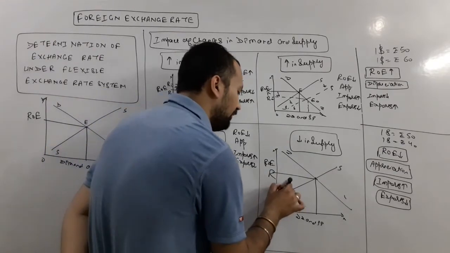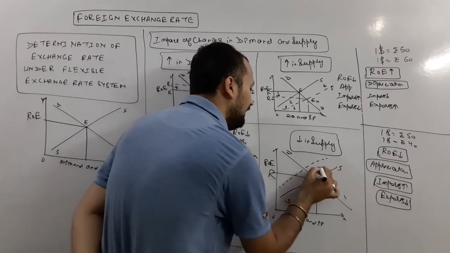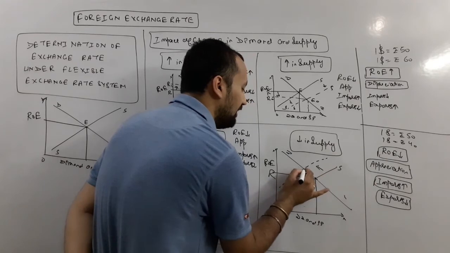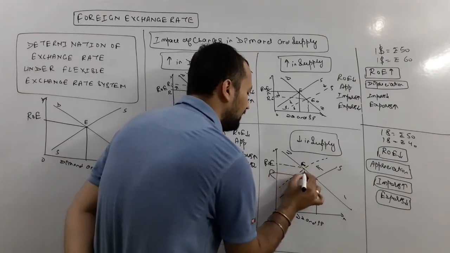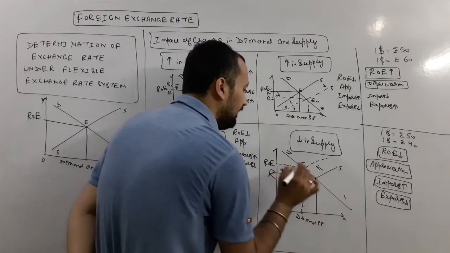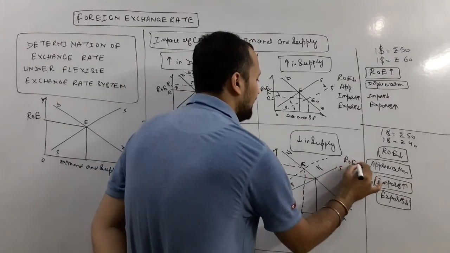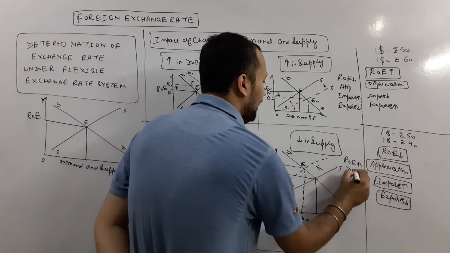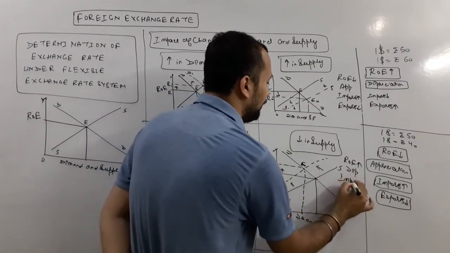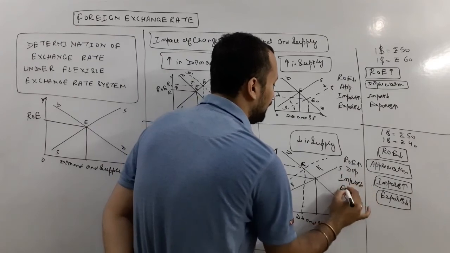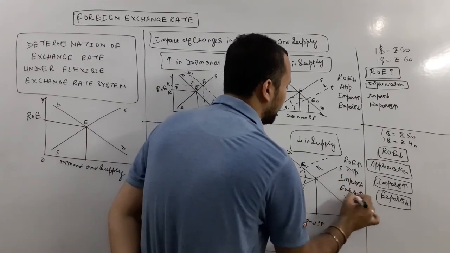When the supply in an economy decreases, it shifts leftward from SS to S0, a new equilibrium is formed, that is E0, at which the rate of exchange increases. In place of appreciation, it is depreciation. Imports tend to fall in the economy and exports tend to rise.